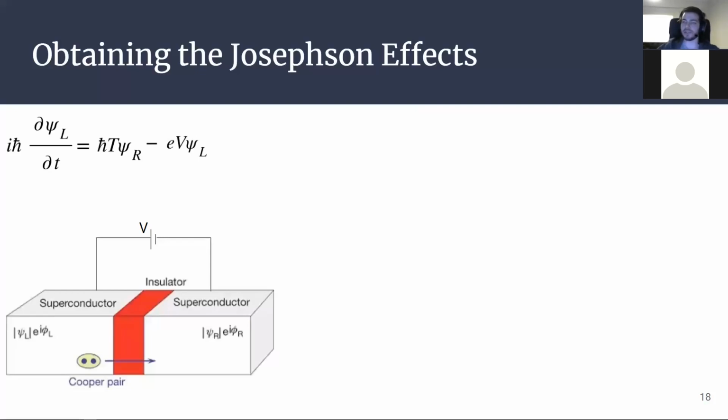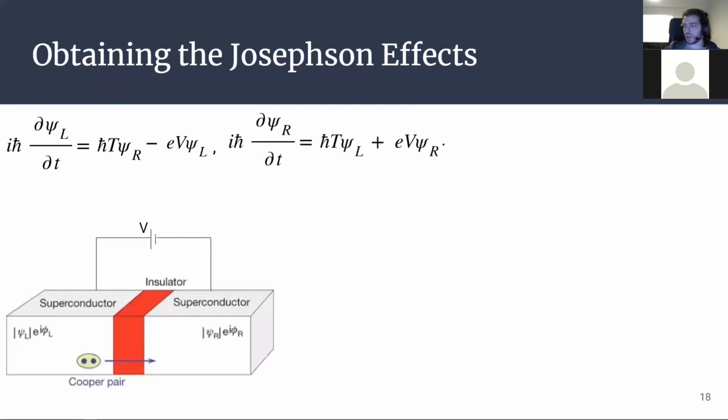Now, if we were doing full quantum mechanics, we could have taught this like the electromagnetic force operator. But here we will just assume that if there is voltage across these junctions, the left-hand side and the right-hand side equations will be symmetric like this.